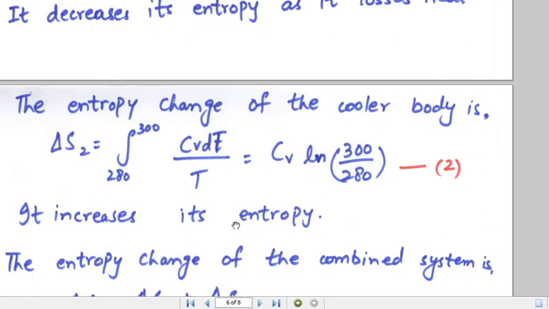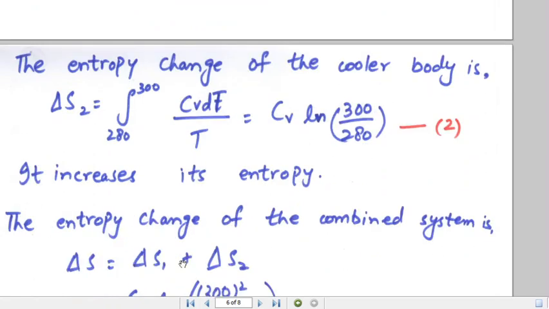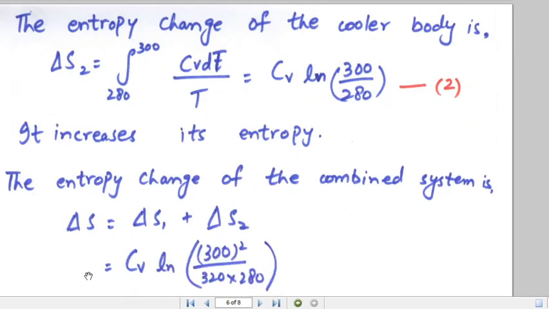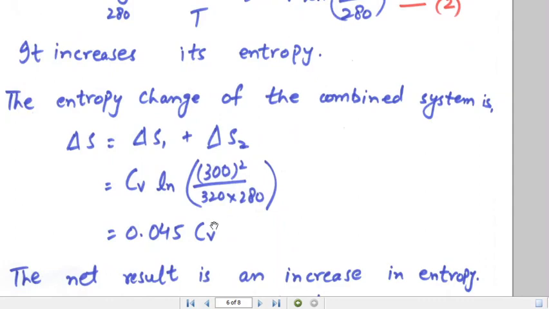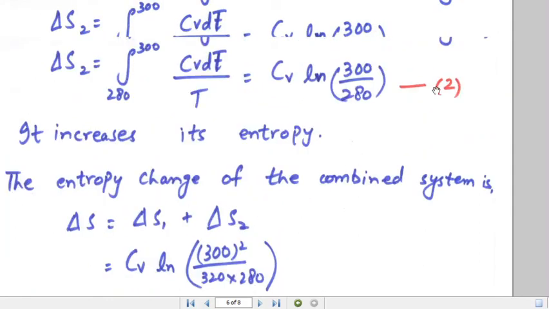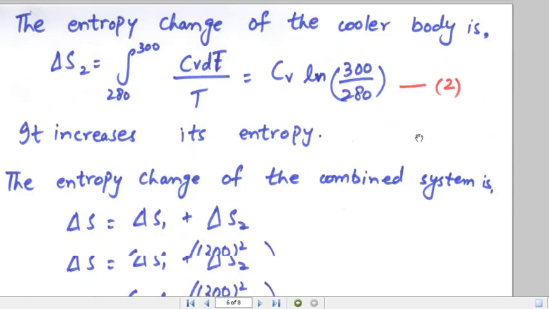So we are interested in the entropy change of this combined system. The total change in entropy of this combined system is equal to the change in entropy of the hot object plus the change in entropy of the cold object, which can be found by combining equations 1 and 2.